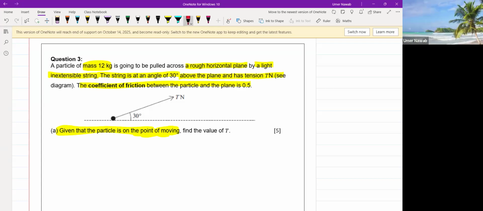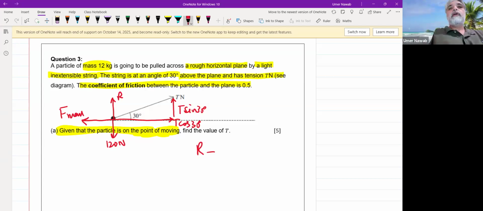So let's resolve it. This will be T cosine of 30, and this is T sine of 30. Reaction is R upward, 120 newtons is downward, and this is equal to F max. Now, I can find R first. So R plus T sine 30 is equal to 120 newtons.